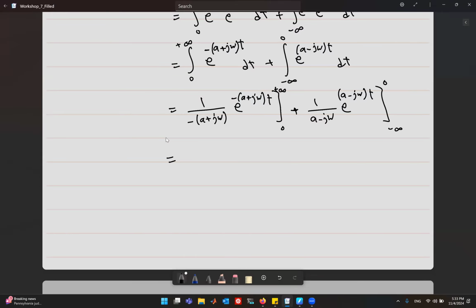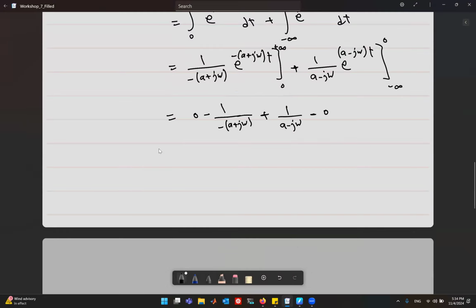So we'll have 0 minus exponential 0, which is 1, so minus 1 divided by minus a plus j omega, plus, when we have 0 here, we get 1 divided by a minus j omega, minus, when t goes to minus infinity, this goes to 0, assuming that this term is positive. So this goes to 0, and then we have 0 here.